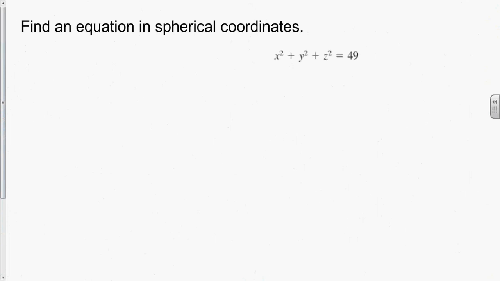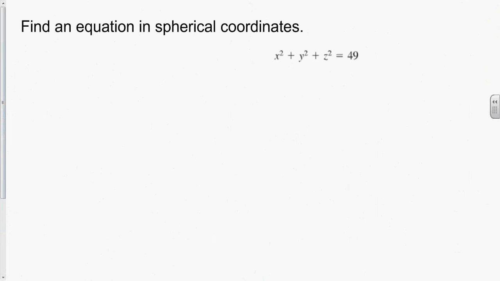Let's see what you can do with that. Should be just one movement of your hand and you should have it.